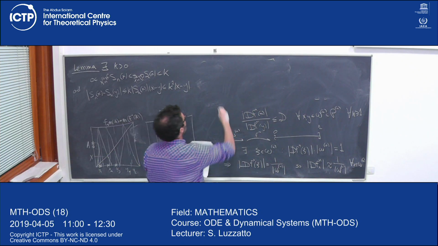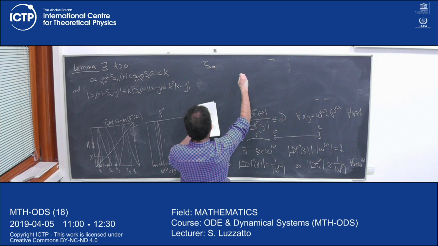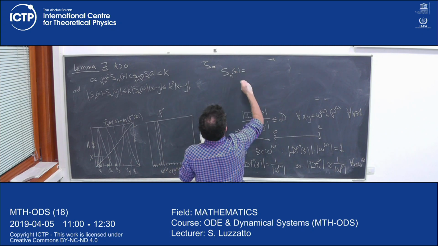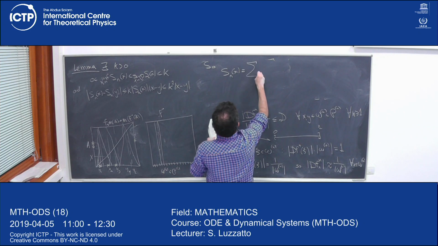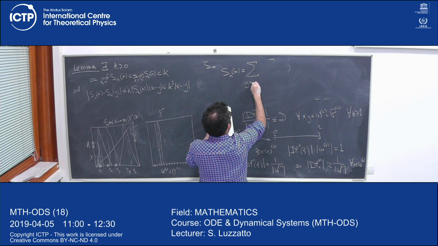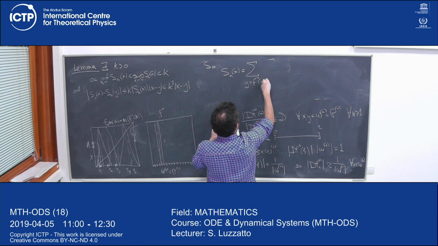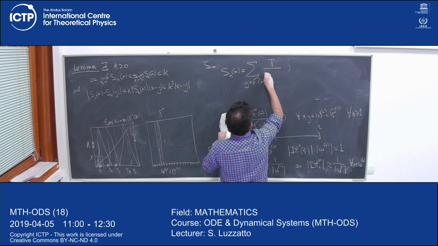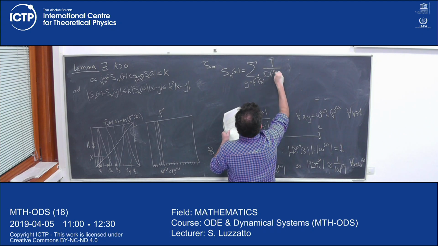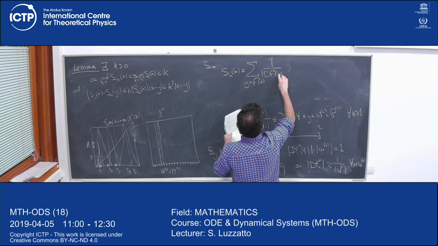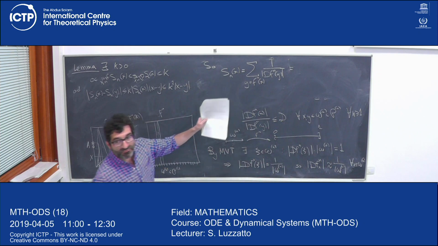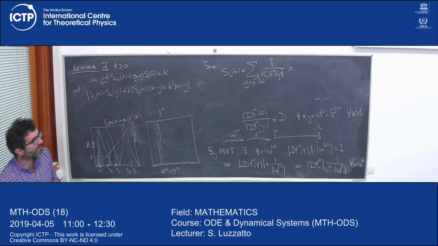So the formula for Sn of x is equal to the sum over y equals f minus n of x of 1 over the derivative dfn of x of y. Okay, this is the formula of Sn of x.